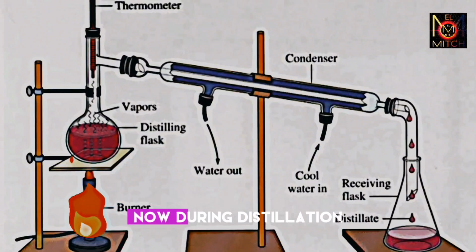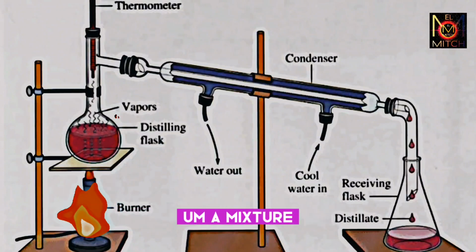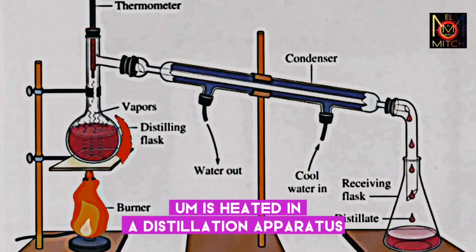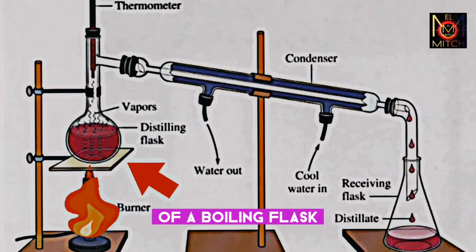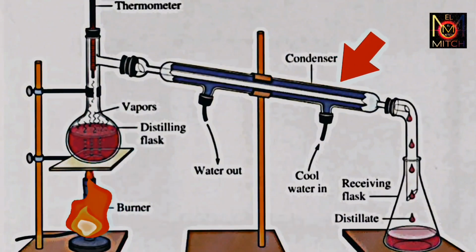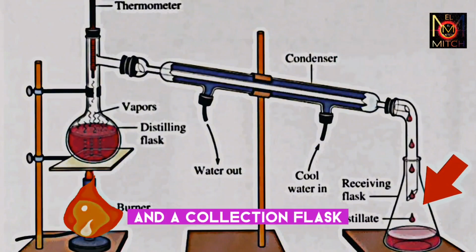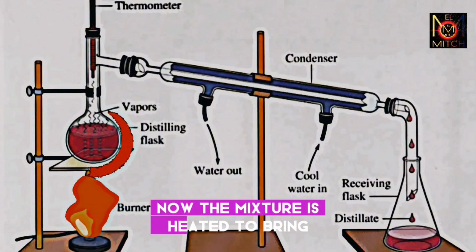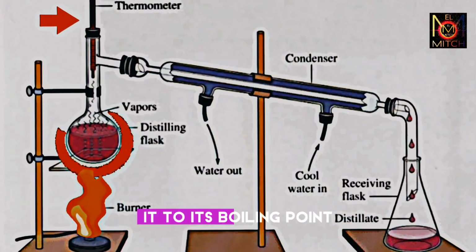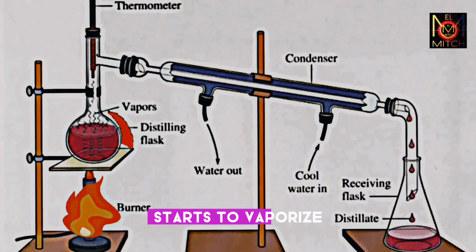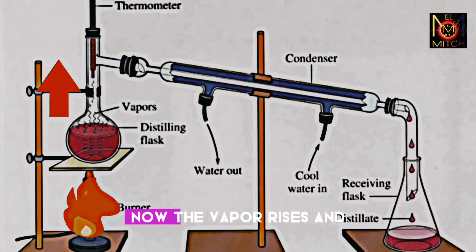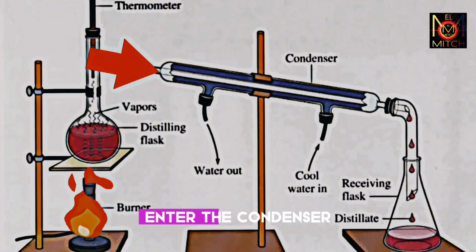Now during distillation, a mixture is heated in a distillation apparatus, which typically consists of a boiling flask, a condenser, and a collection flask. The mixture is heated to bring it to its boiling point, and as the liquid starts to vaporize, the vapor rises and enters the condenser.